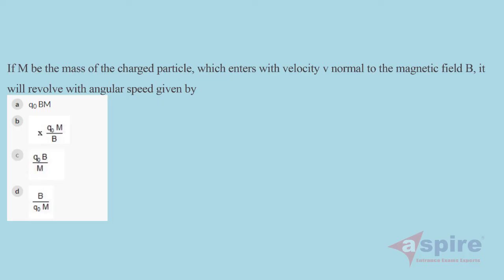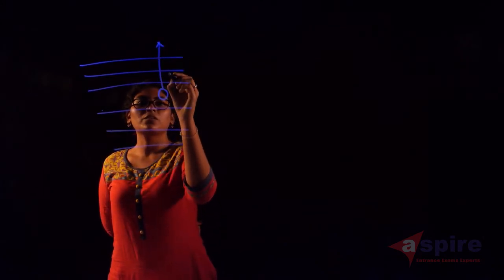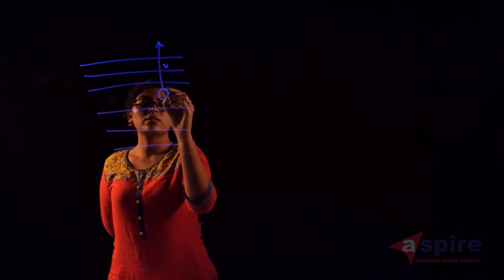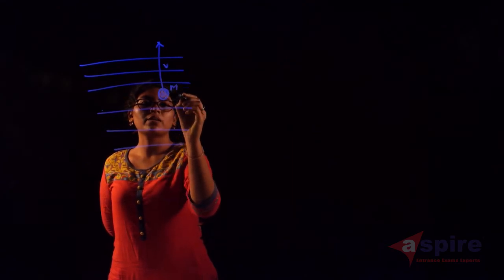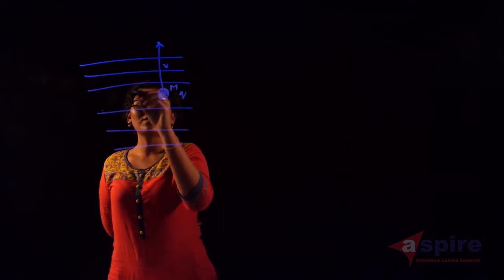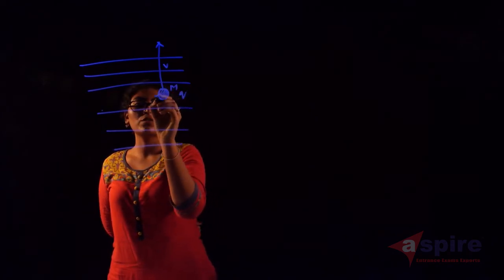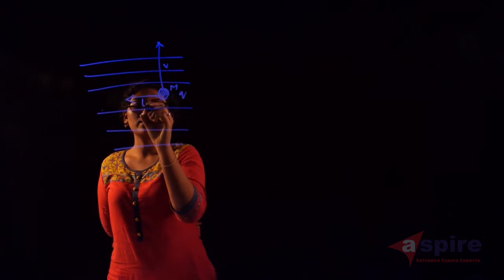If m be the mass of the charged particle which enters with velocity v normal to the magnetic field B, it will revolve with angular speed given by... So now let us consider a charged particle q which has mass m and enters a magnetic field which is perpendicular to the velocity v. This magnetic field will exert a force Fm on this particle.